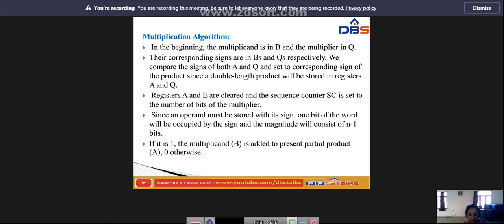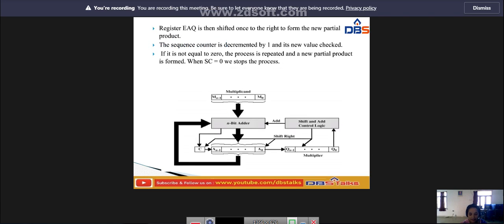Then the register EAQ is shifted to the right to form the new partial product. The sequence counter is decremented by 1 and its new value is checked. If it is not equal to 0, the process is repeated and a new partial product is formed. When SC is equal to 0, it stops the process.